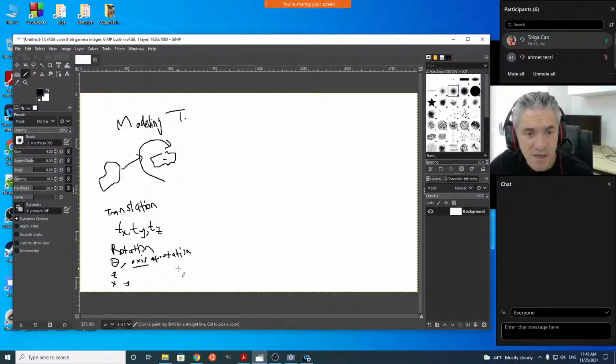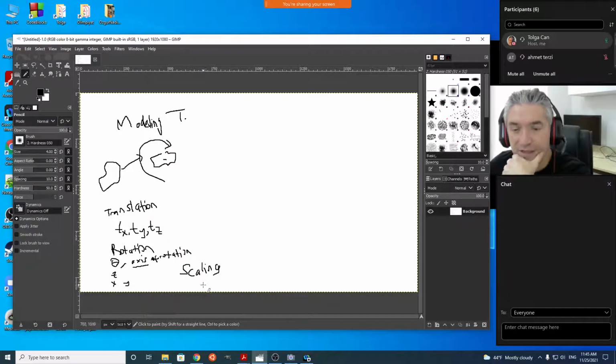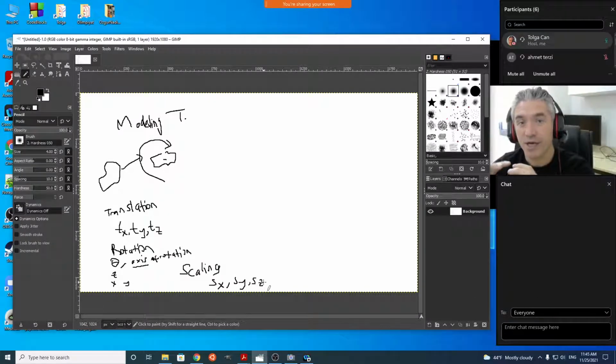And the final modeling transformation we are going to be seeing is called scaling. And this scaling is going to have a scale parameter which may be non-uniform along different axes. So you may want to scale an object down uniformly around all axes, or you may want to scale it non-uniformly. For example, you may stretch a cube only along the x direction.